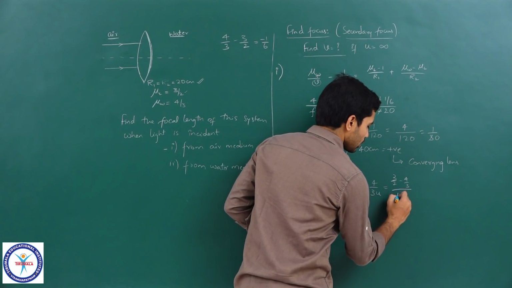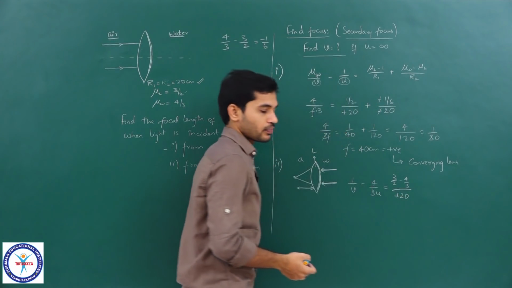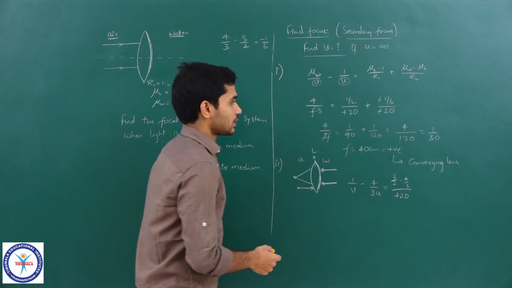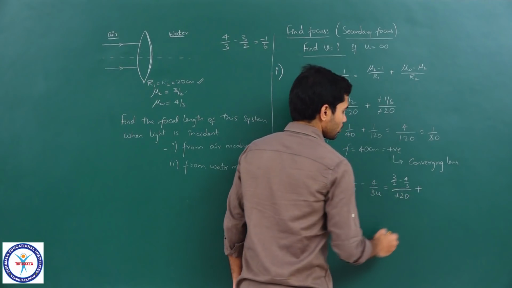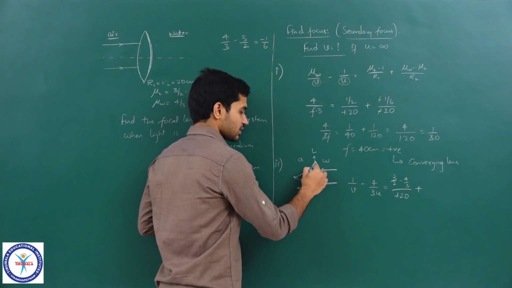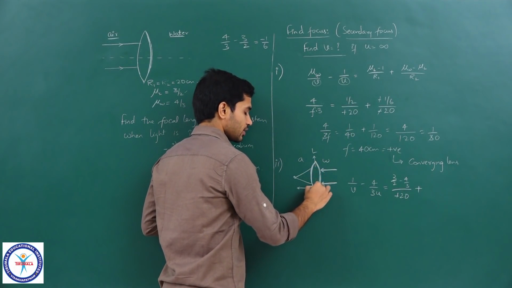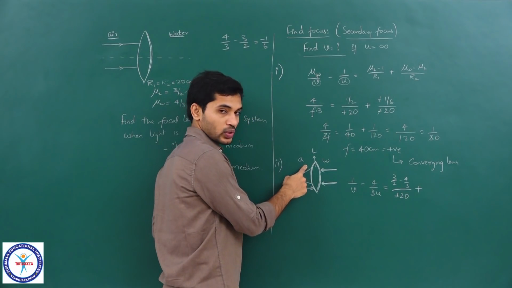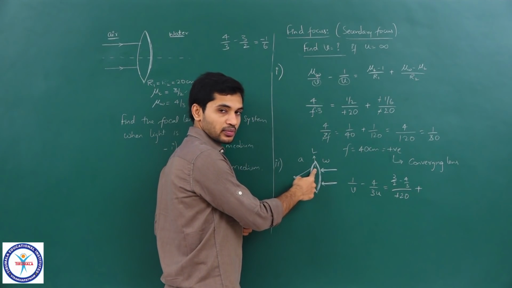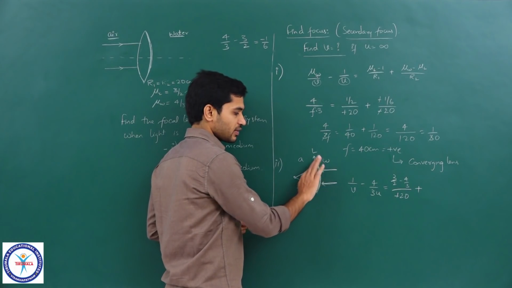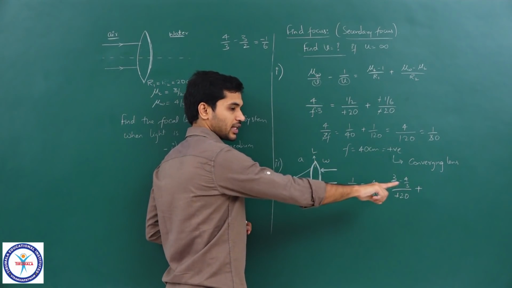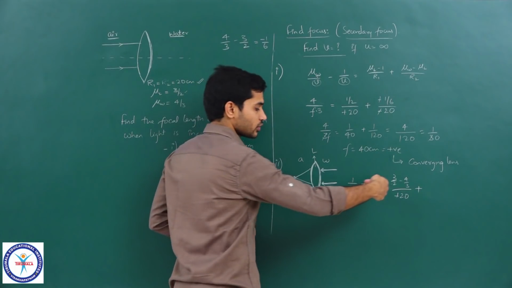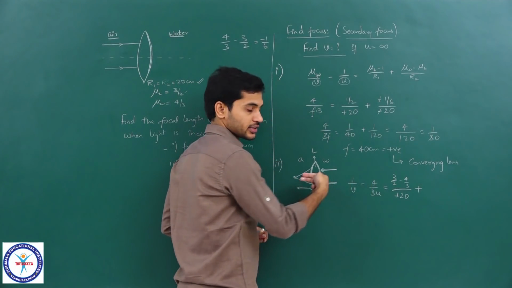So by plus 20. Clear students? Next, plus, now coming to this interface. If I take this interface, final is 1, initial is 3 by 2 and this curvature is on that side. That side is negative for this case because light rays are now coming in this direction.